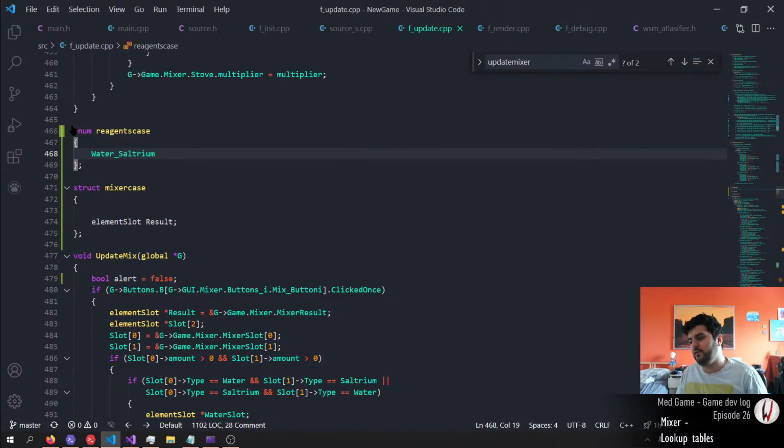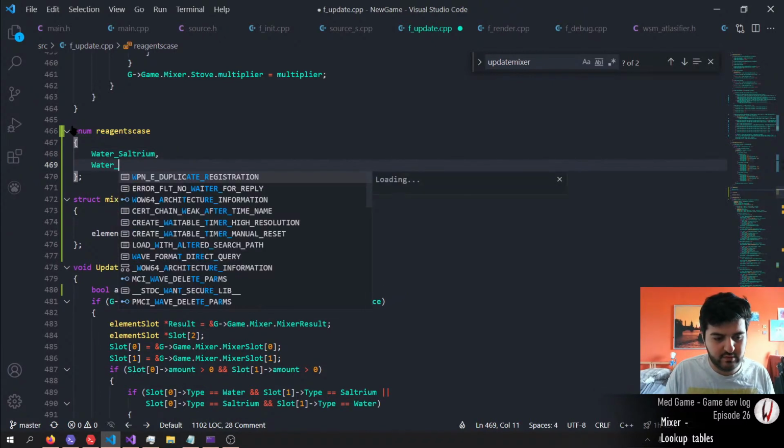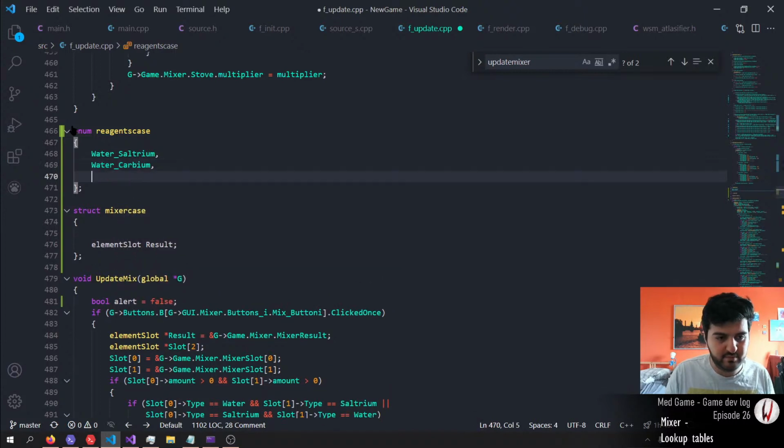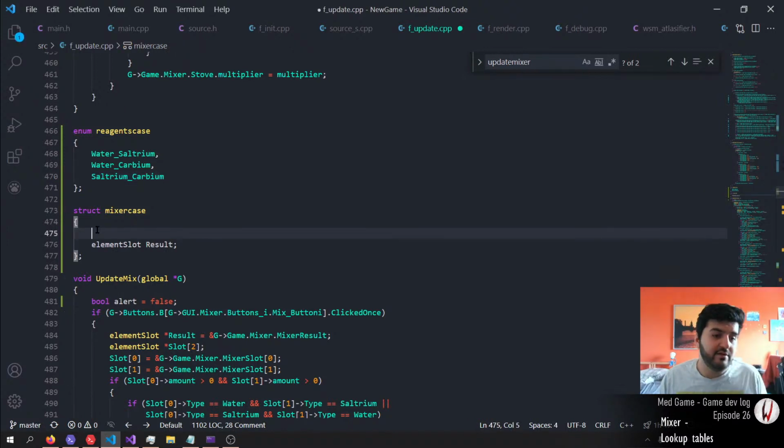I also have to keep in mind that sometimes water saltrium equals saltrium water, it's the same thing. So we have water, carbium, and saltrium. Alright, these are the cases. Because it doesn't matter what you put in a mixer, it mixes them both. So we have a reagents case called case.